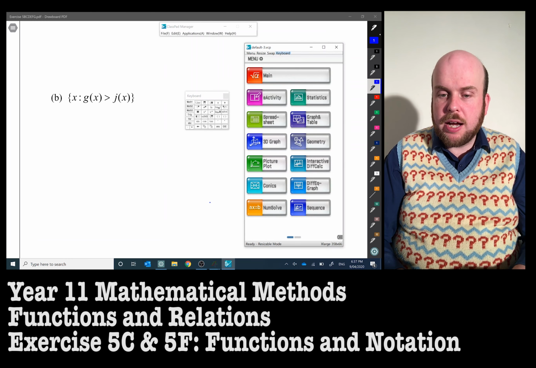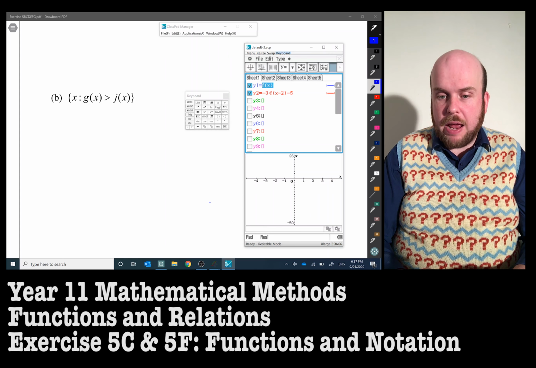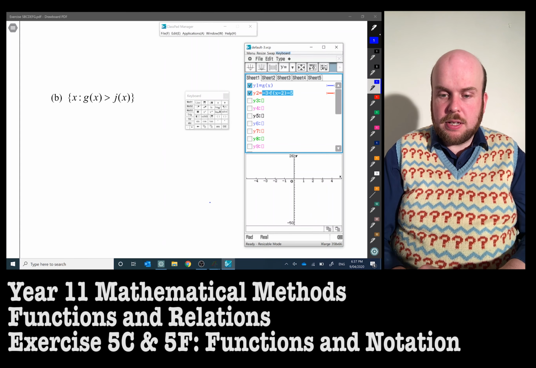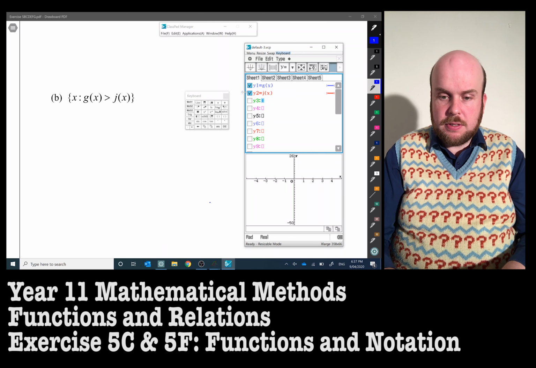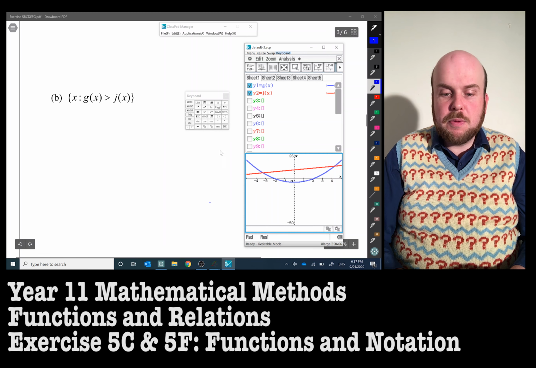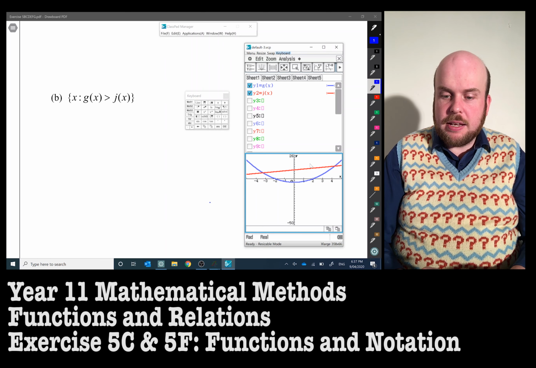Now here I would highly recommend showing this as a graph. So I'm going to go to graph and table. I'm going to put g of x and j of x on a graph. There they are. So we want to see the points where g of x is greater than j of x.